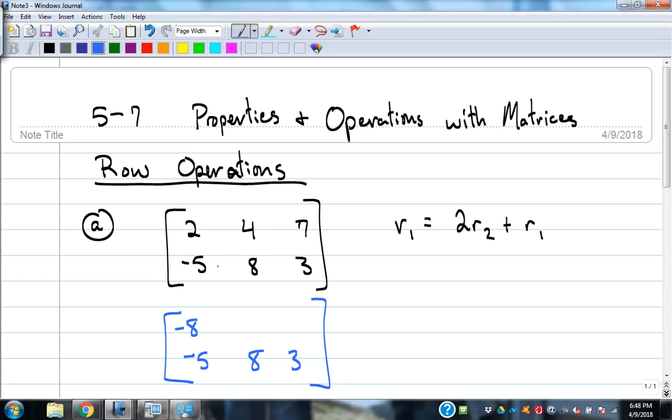So that's what goes in that position. And then we say 2 times 8, 16, plus 4, 20. That's what goes in that position. 2 times 3, 6, plus 7, 13. We've performed that row operation.